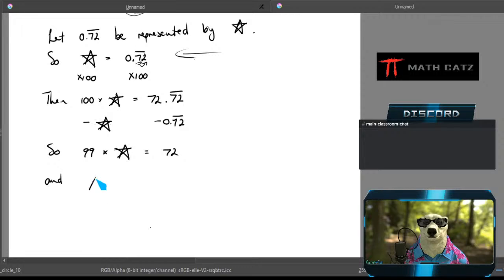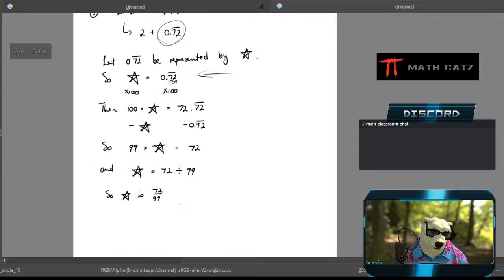And so I have my division sentence that I pick so that the unknown symbol is alone on one side, and it'll be 72 divided by 99. And therefore, my fraction is, I could do it over here, 72 over 99.